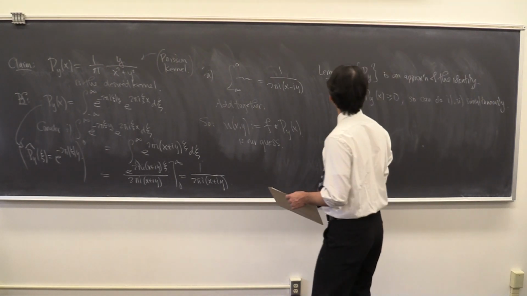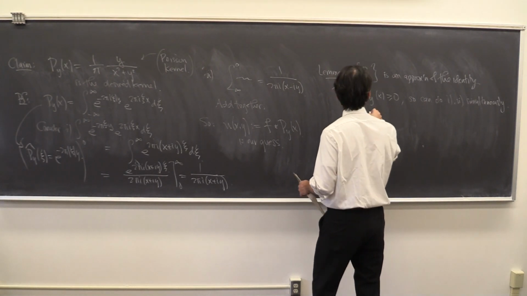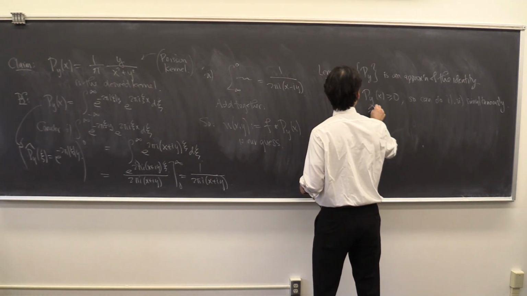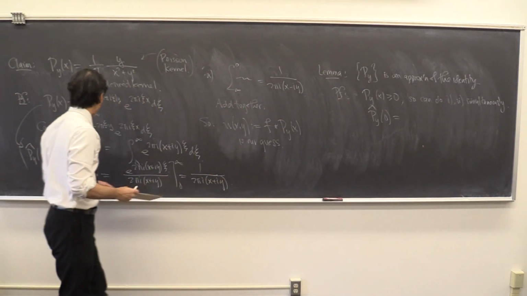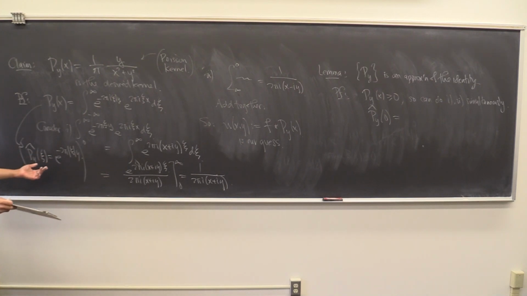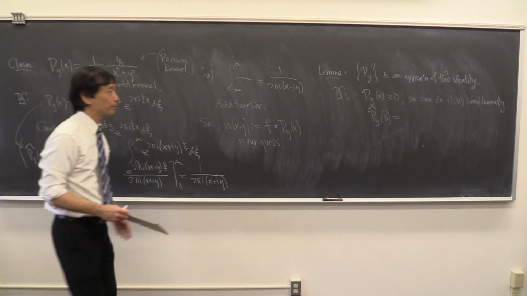The L1 norm of the function is the same thing as the Fourier transform at 0, right? When you take the Fourier transform of something at 0, you get the integral of the function. And the Fourier transform at 0 is 1, so that's that.